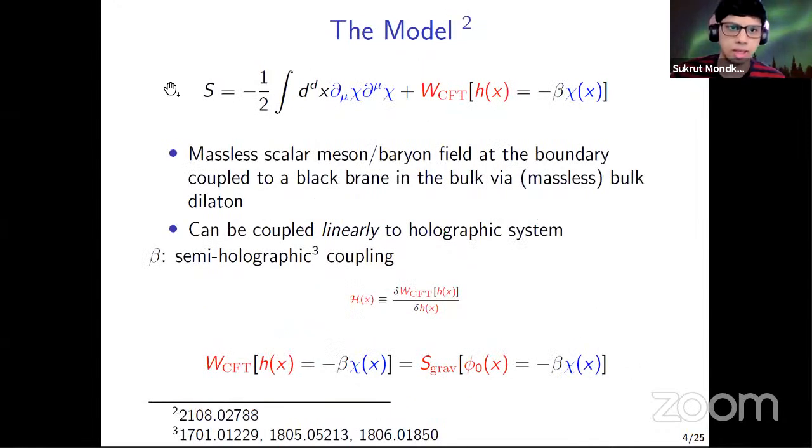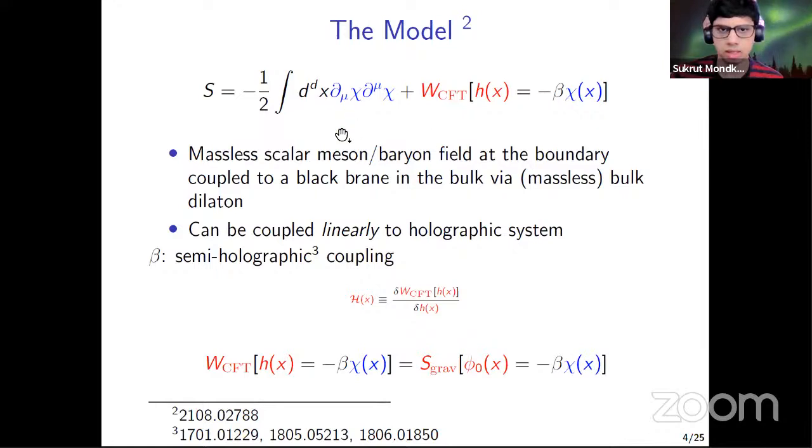In this model, this is the action of the system S. Chi is the massless scalar field, and the first term is the action for the massless scalar field. W_CFT is the action for the strongly coupled CFT, and small h is the source which deforms this CFT.